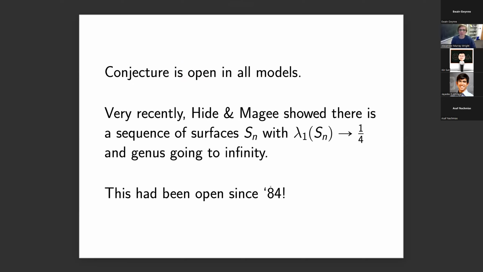And so it was only very recently that Hyde and McGee showed there's a sequence of surfaces with lambda 1 approaching a quarter and genus going to infinity. And this resolved the question that had been open since the 80s of just constructing any near optimal spectral expanders in high genus. So that just sort of illustrates the difficulty of the conjecture.